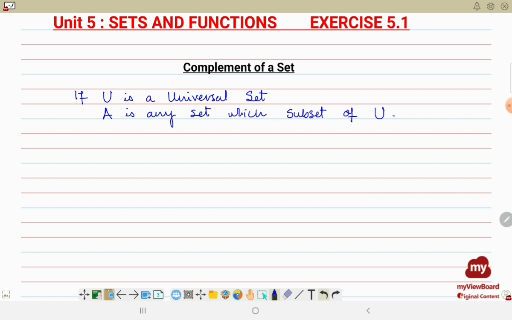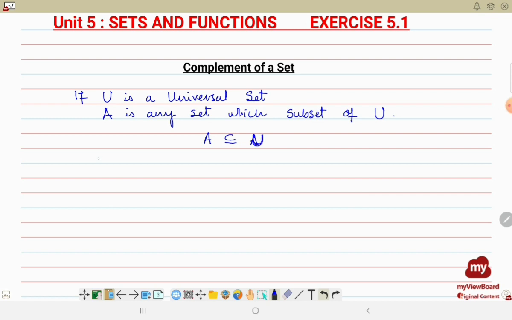And U is kind of a bigger set. By the word universal means something bigger. So U is the universal set and A is a part of U, means A is a subset of U. It is also written like this: A is a subset of U, right?